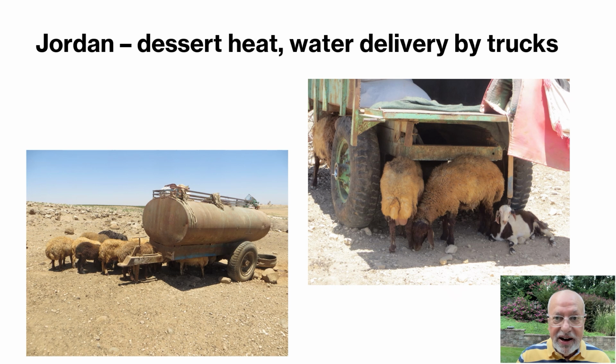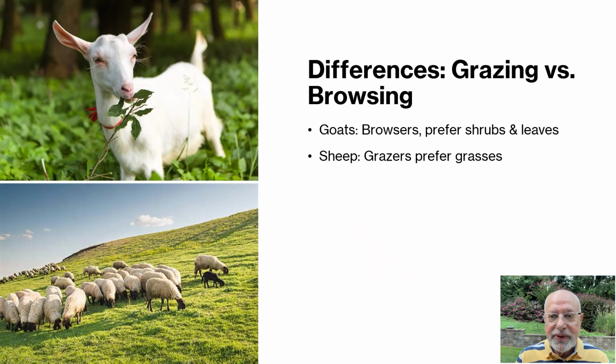As the truck has arrived, these sheep are getting close to it, but it's so hot. Then on the right-hand slide, you see two sheep and a goat taking shelter in the shadow of the truck. You can imagine how hot it is, but these animals are able to survive.